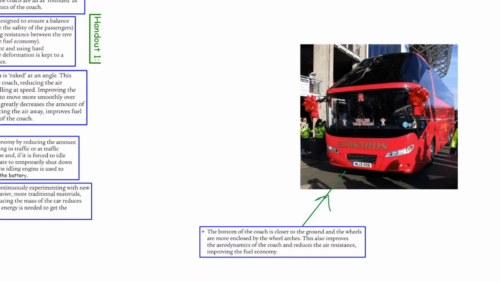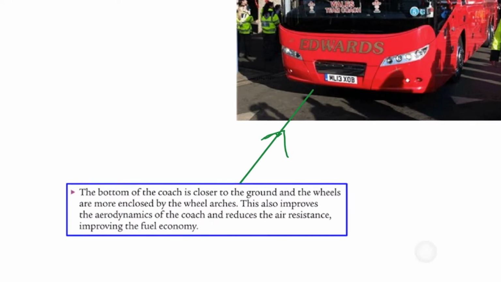So if we look at this first one that I've already snipped and stuck in, the bottom of the coach is closer to the ground and the wheels are more enclosed by the wheel arches. This also improves the aerodynamics of the coach and reduces air resistance, improving the fuel economy, improving the efficiency.